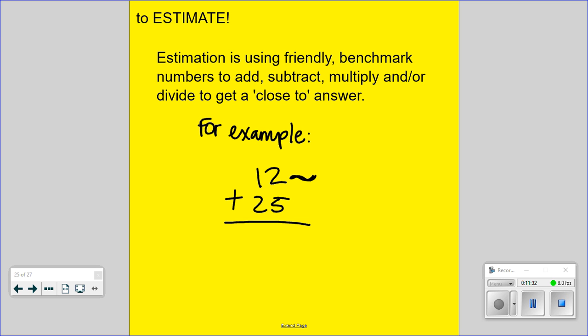What benchmark number, multiple of 10, is 12 closest to? If I skip count by 10, I have 10, 20, 30, 40. Which of those numbers is 12 closest to? Lucy? 10. So next to 12, I'm going to write a little squiggle and say that's pretty close to like 10.